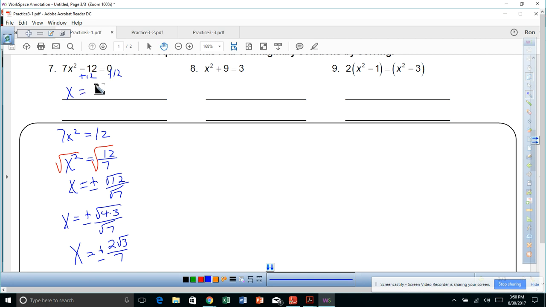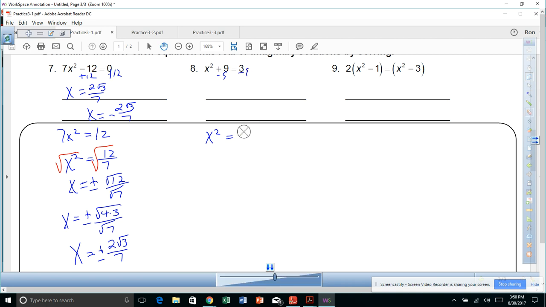So x equals 2 times the square root of 3 over 7, and x equals negative 2 times the square root of 3 over 7. Good deal. What about number 8? I'd subtract 9 from both sides, and that gives me x squared equals 3.